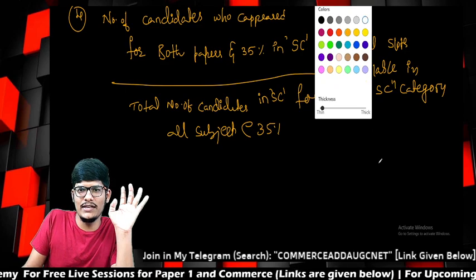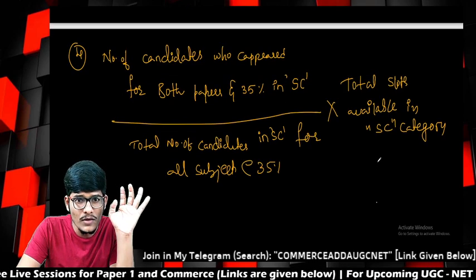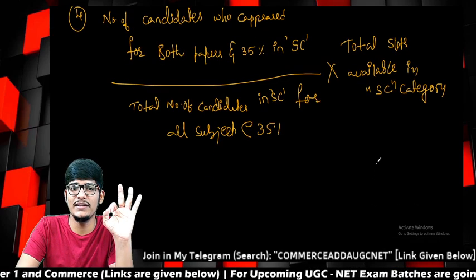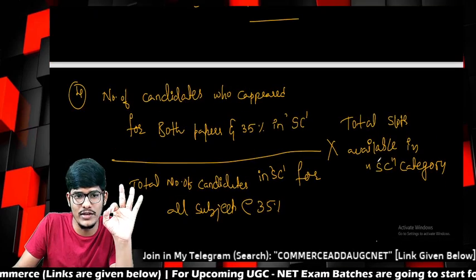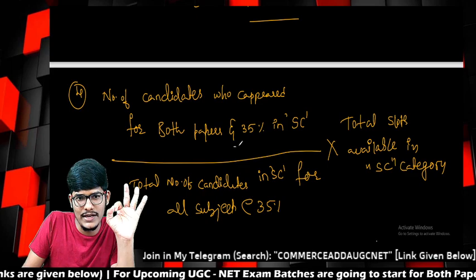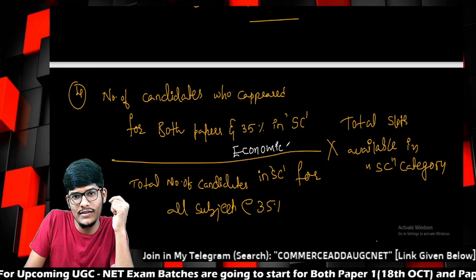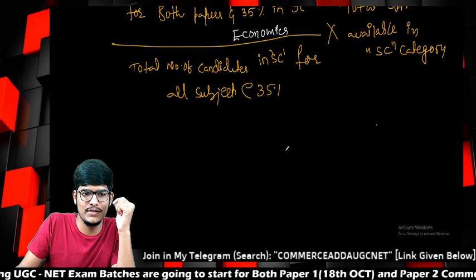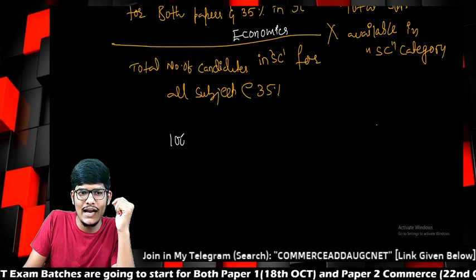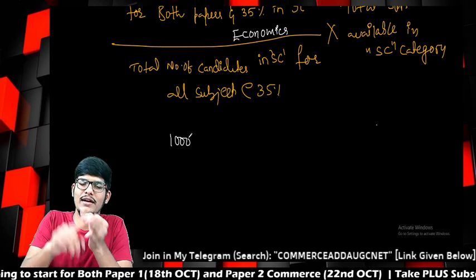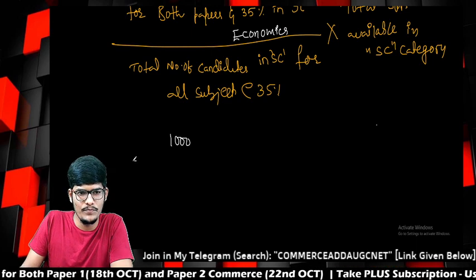Now look carefully, guys. I am going to apply the formula. Number of candidates who appeared for both papers and got 35% in the SC category for economics only. This is economics, the example which we have taken. Suppose assume those candidates who appeared in the economics subject, they got 35% and they belong to SC category, 1000.